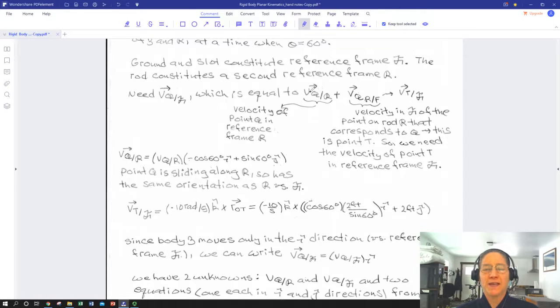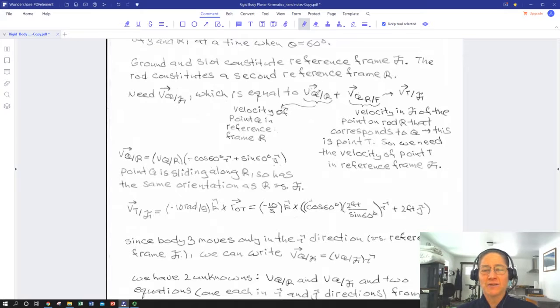And we can say from the equations that we've already derived that the velocity of Q with respect to the rod plus the velocity of Q in the rod with respect to F are going to add up to the velocity that we need. So we're using different labels to apply what we did before.